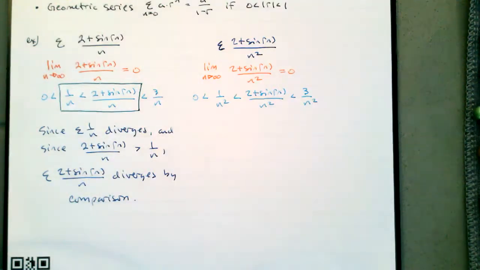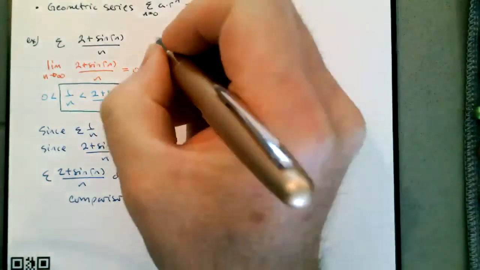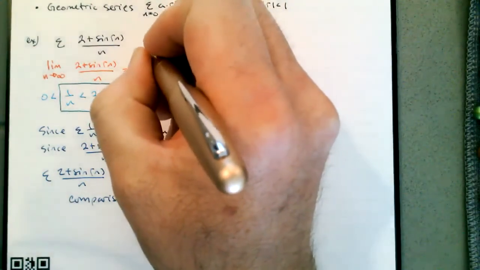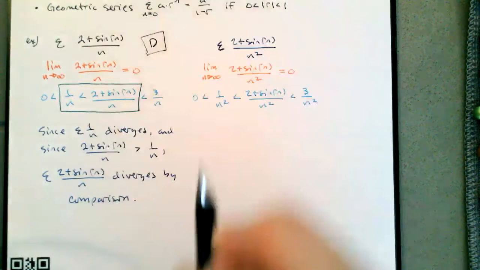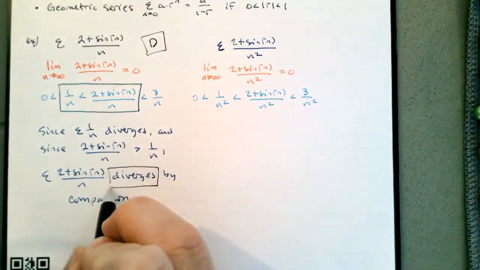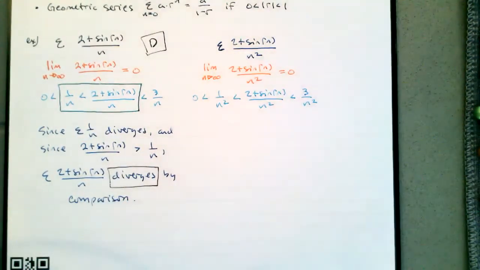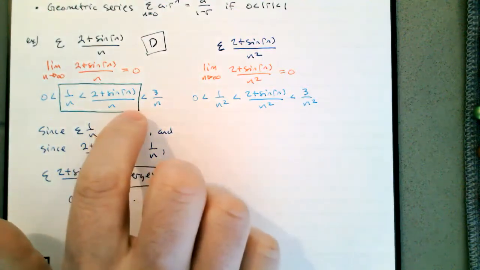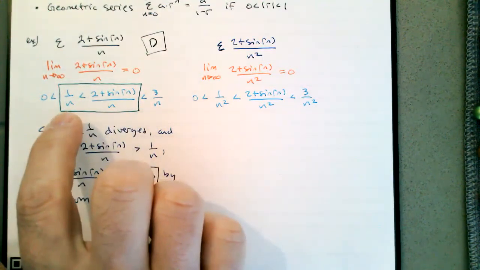Knowing that that first one diverges, what do we think about this second one? Here's the important thing. The first one diverges because the terms here are going to be greater than a divergent series.